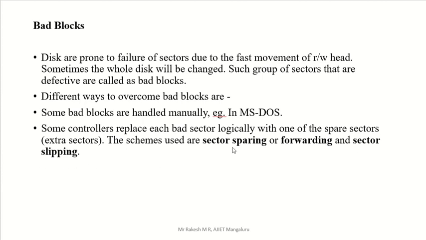One is sector sparing, another one is sector slipping. So we have these two methods to overcome this bad block problem. Either we can go manually, or we can go for sector sparing and sector slipping.